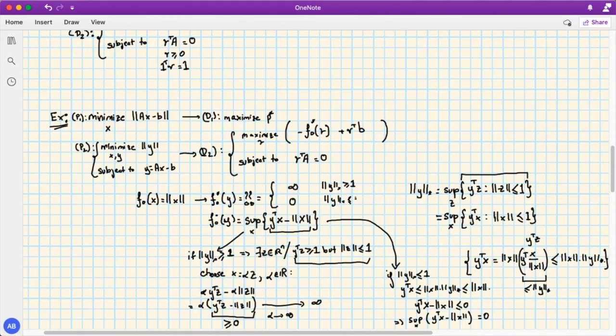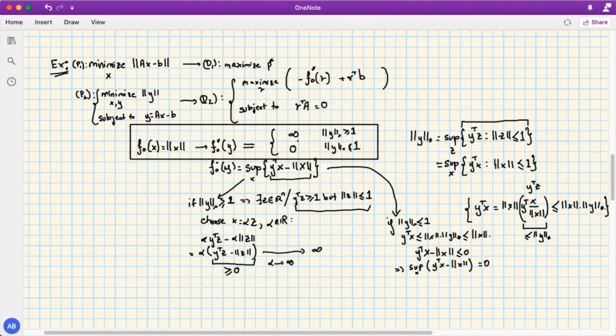Now, what kind of interpretation can we give here? Well, if you take a closer look at the conjugate function of the norm, it is an indicator function, so it's either returning a 0 or an infinity. It's telling us that I'm going to be 0 only when the dual norm of y is less than 1, and it's infinity if the dual norm of y is greater than 1.